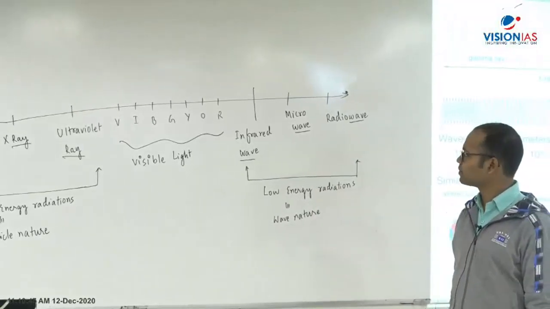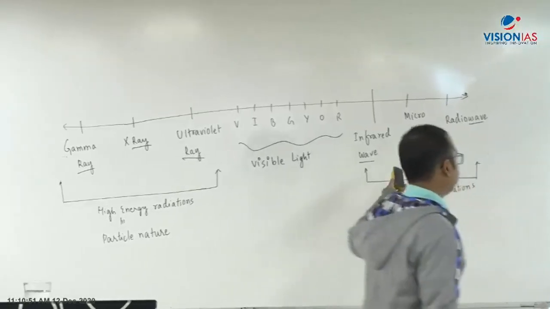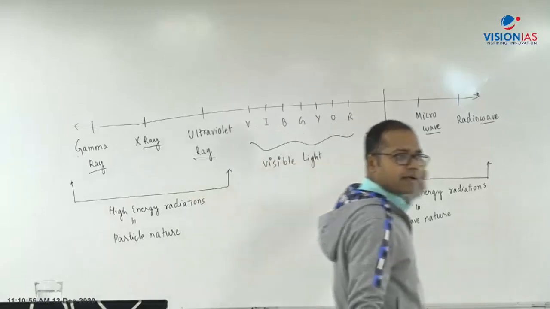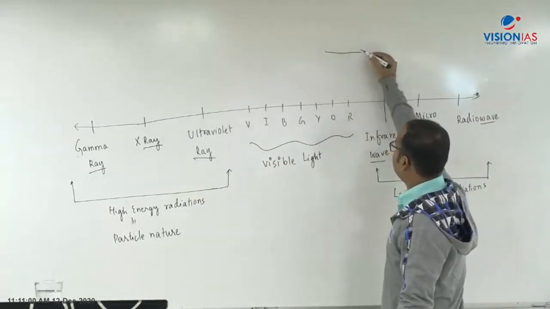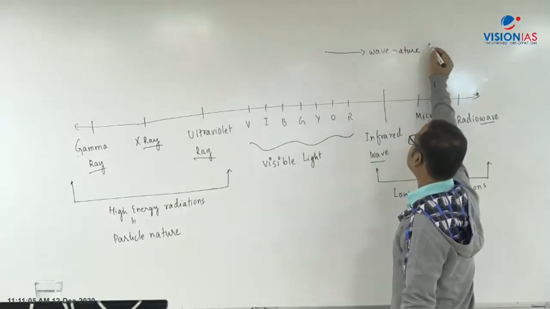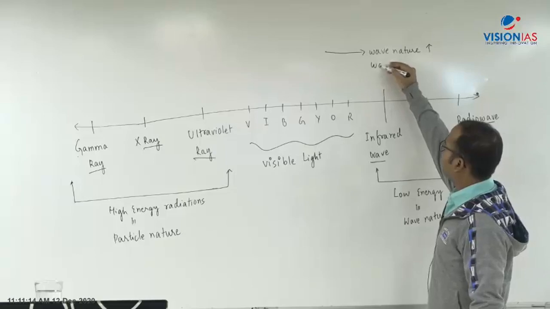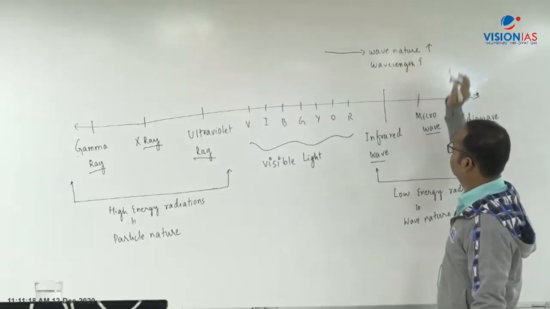Is it fine? Now looking at the picture, here I am writing wave, here I am writing ray. It means this is particle nature, and this is wave nature. Can I say if I am moving this side, wave nature is increasing or not? Wave nature is increasing. Yes, it is increasing. If wave nature is increasing, I can clearly say wavelength is increasing.